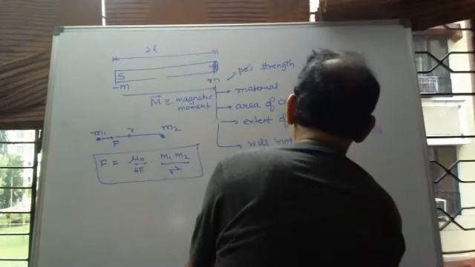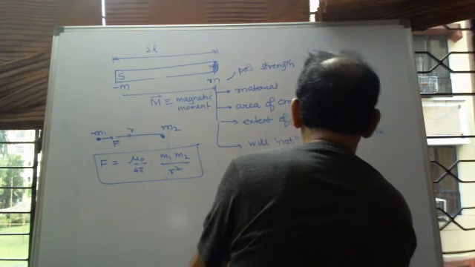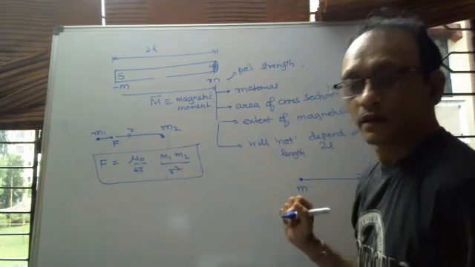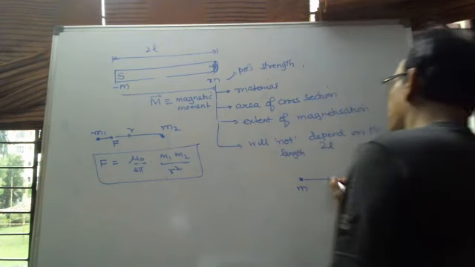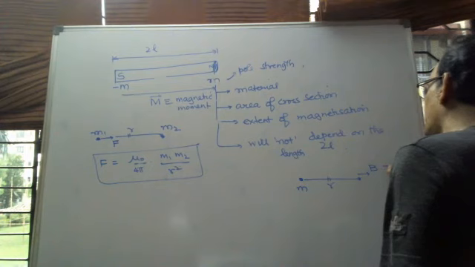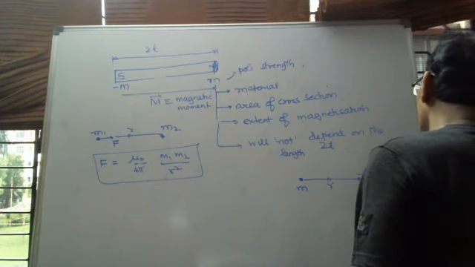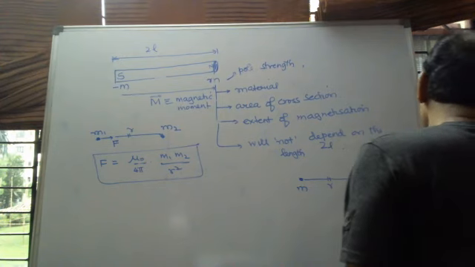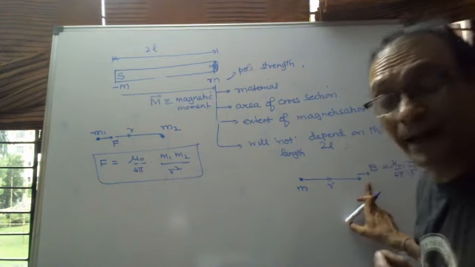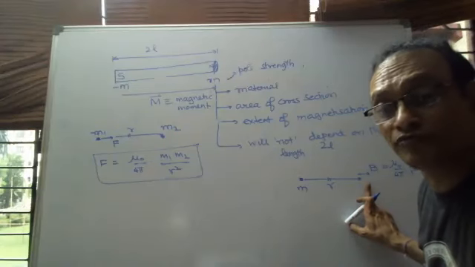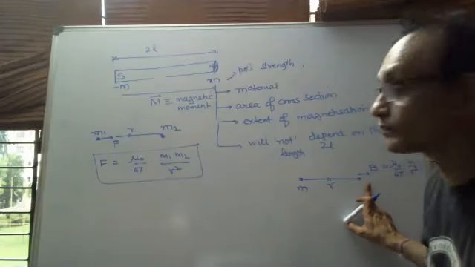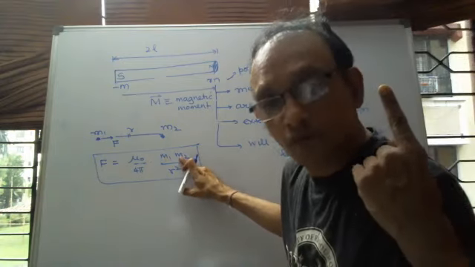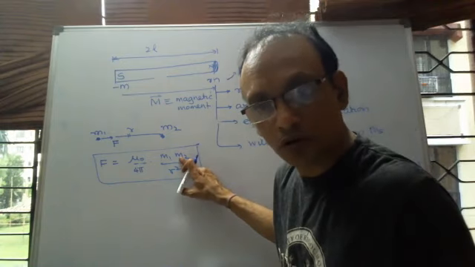And if I imagine an isolated pole, it will produce a magnetic field at a distance R. It will produce a magnetic field which is mu naught by 4 pi M by R squared, which is the force experienced by a magnetic north pole of unit pole strength. Meaning, put M2 as pole strength 1 of a north pole.